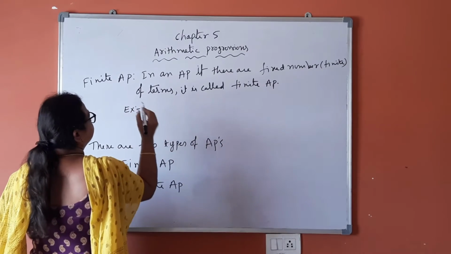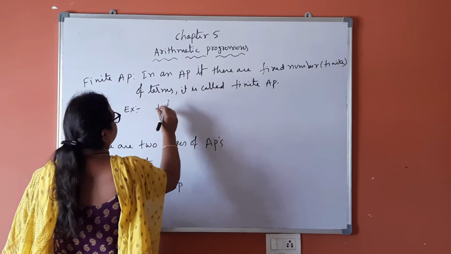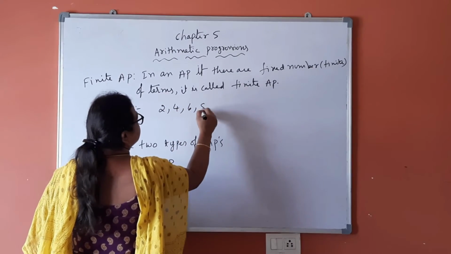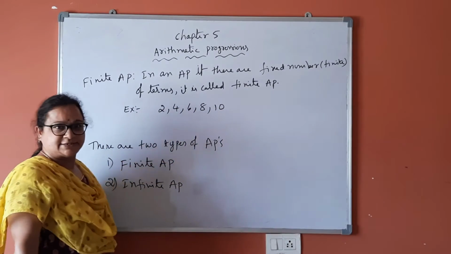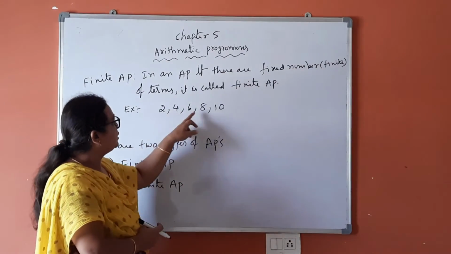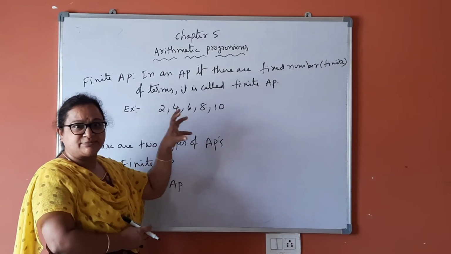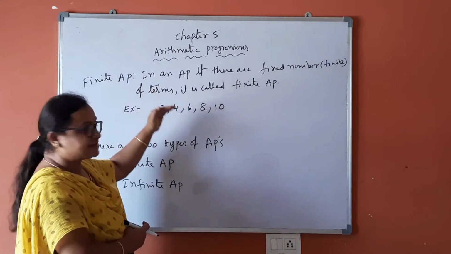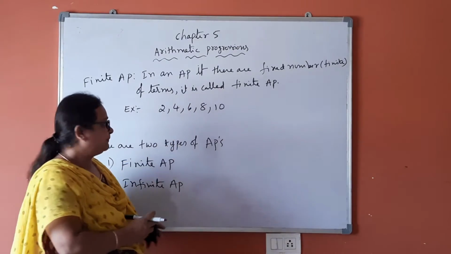Example, 2, 4, 6, 8, 10. That's it. How many terms are there in this AP? 1, 2, 3, 4, 5. Fixed number of terms. There are 5 terms in this AP. So it is a finite AP.